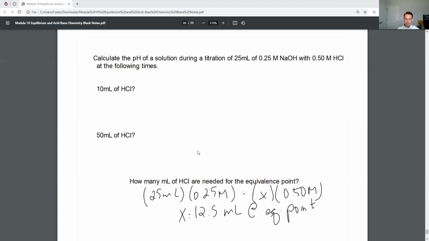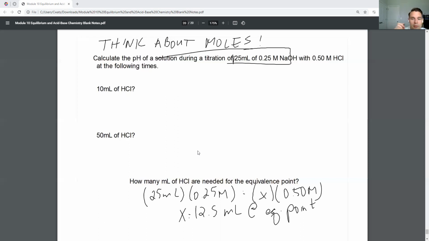Okay. So if we want to determine the pH at different points along our titration curve, we want to think about moles. If we think about it in terms of moles, it makes it a lot easier. So starting off, I start with 25 milliliters of a 0.25 molar solution.